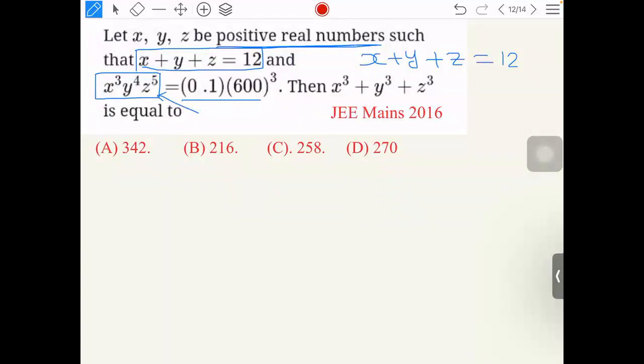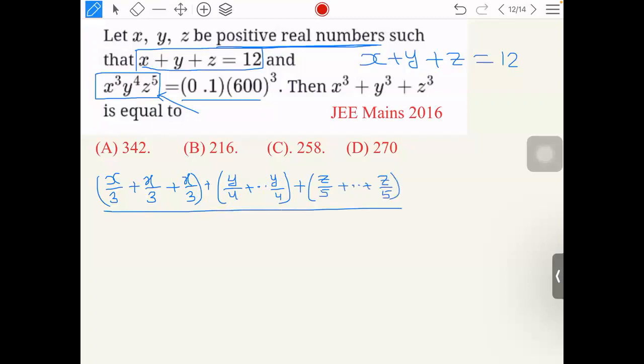So x cube, that means break x into 3 parts, x by 3 plus x by 3 plus x by 3, y to the power 4, so break y by 4 plus 4 times y by 4, and z raised to 5, so z by 5, 5 times z by 5.